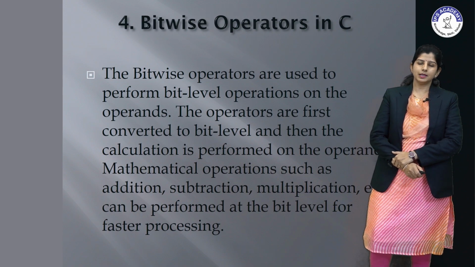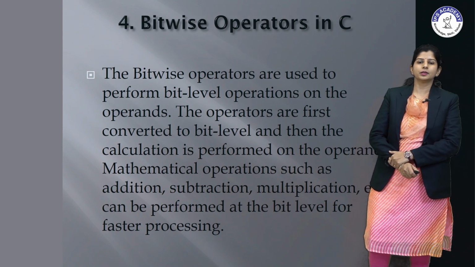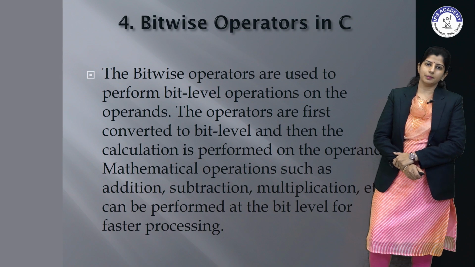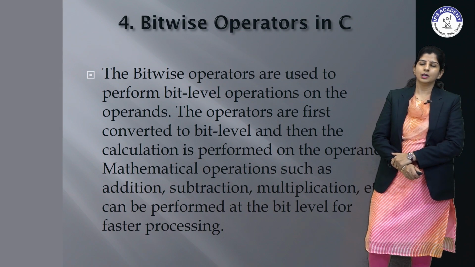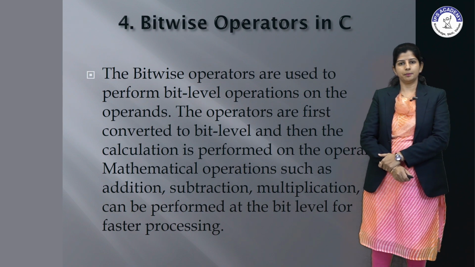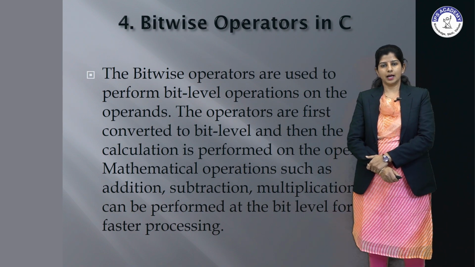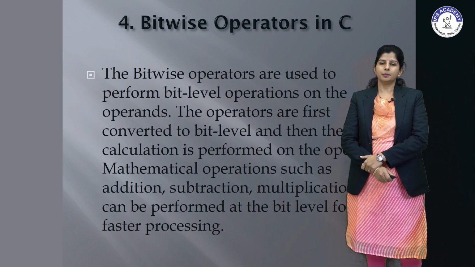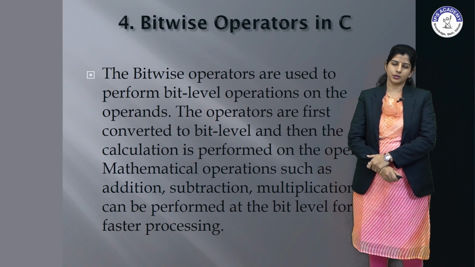And bitwise means when we work on those bits in the C programming language, the operators in C known as bitwise operators help me work at the bit level and perform my operation.